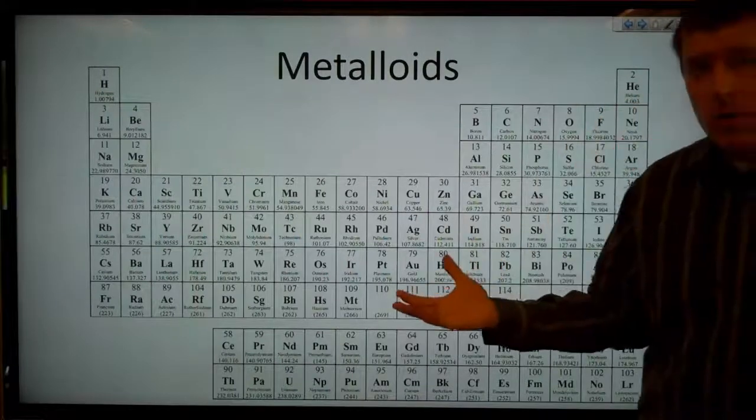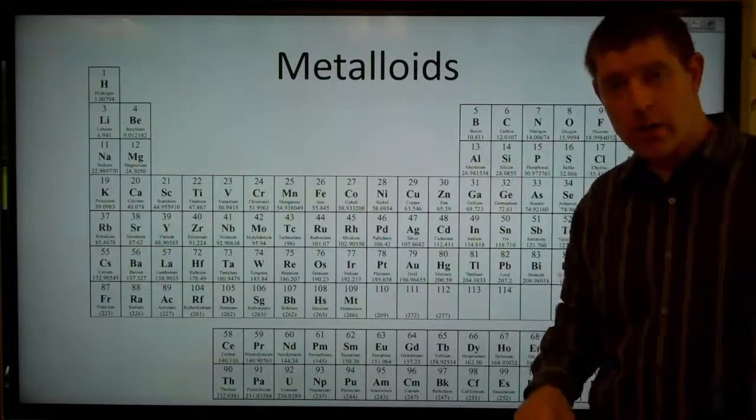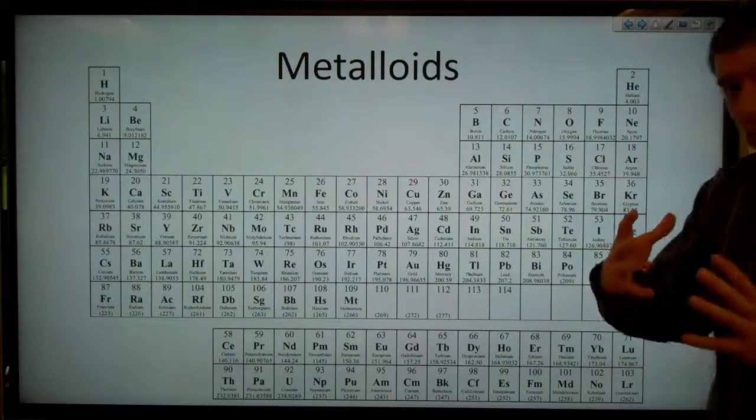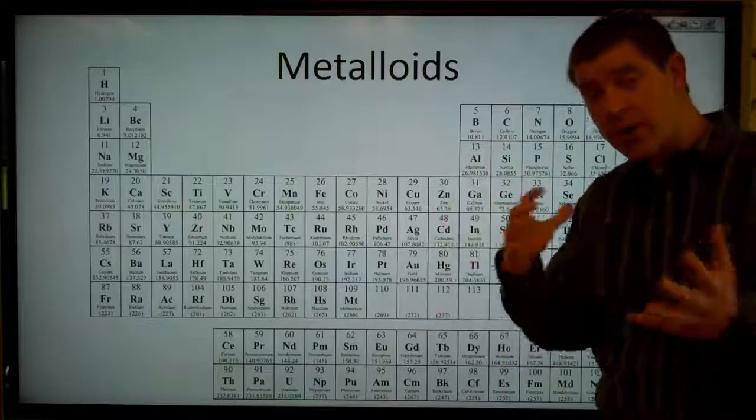So, we have metals, metalloids, and non-metals on the periodic table. Let's look at the metalloids first. The metalloids have properties sort of in between those of the metals and the non-metals.